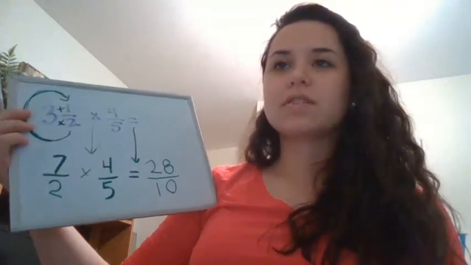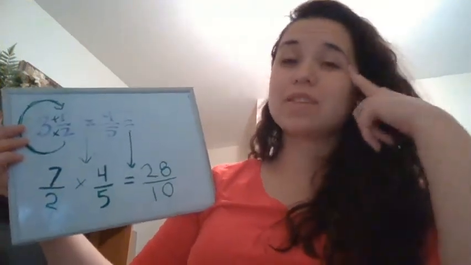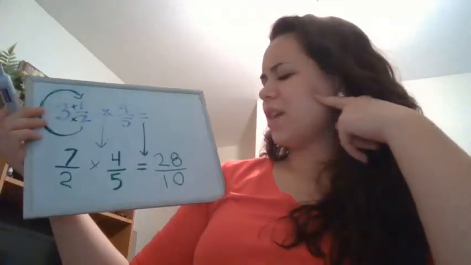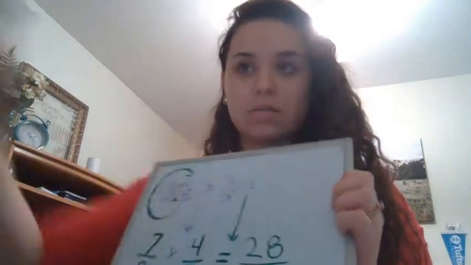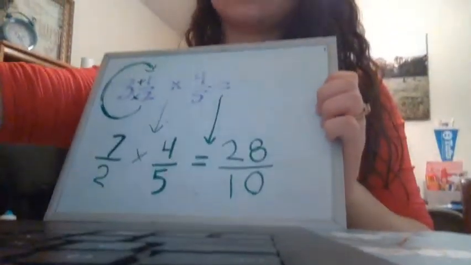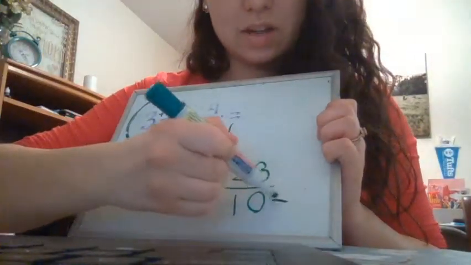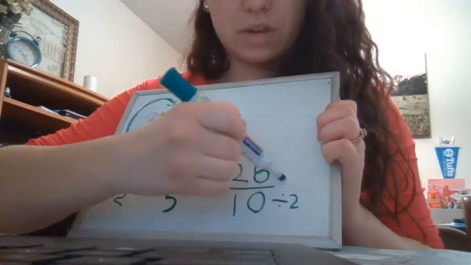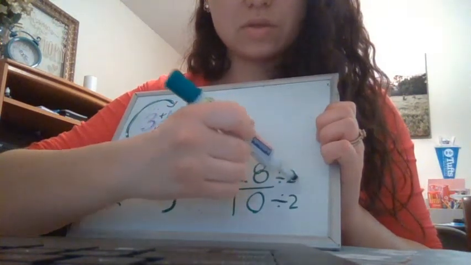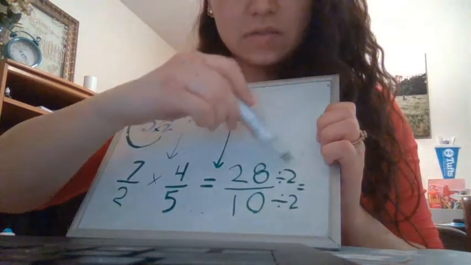Let's simplify it first. So my first step is, can I divide both numbers by 2? I think that I can because they're both even, so let's go ahead and do that. Let's move this down so you can see. Divide that by 2. Divide that by 2. Make sure they always match. 28 divided by 2.